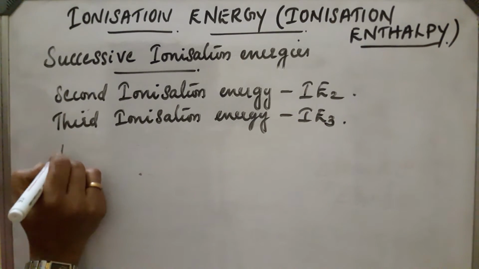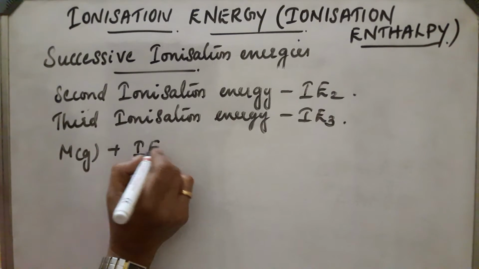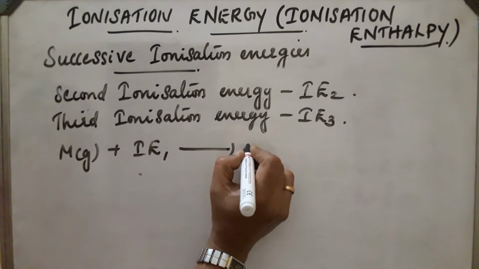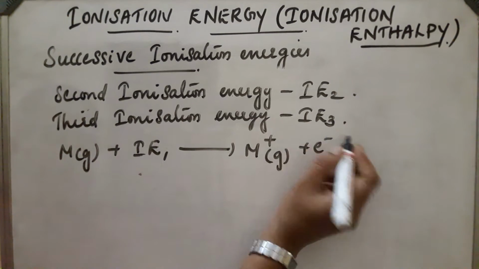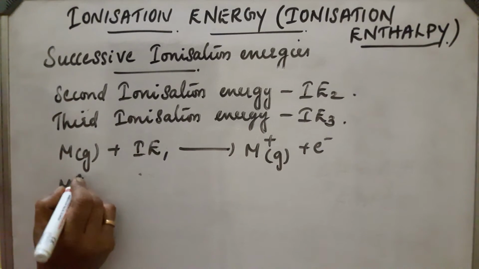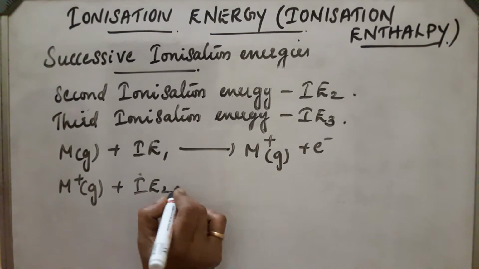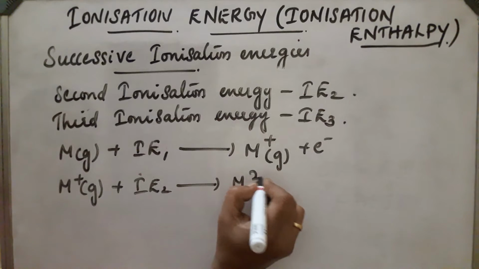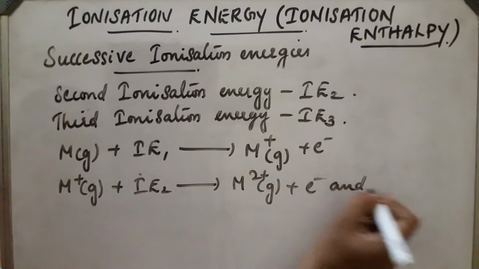From a gaseous atom, IE1 is required to form a positive ion. Then from a positive ion, IE2 is required to form a dipositive ion, and so on.